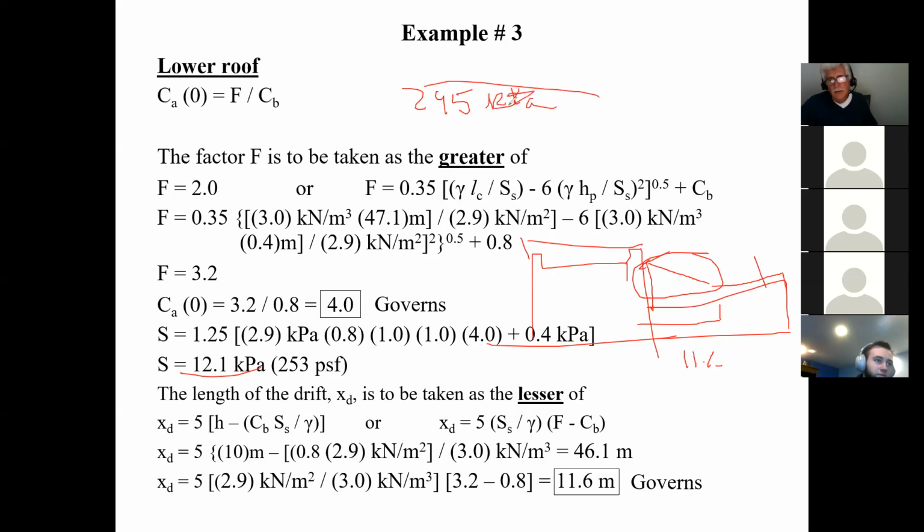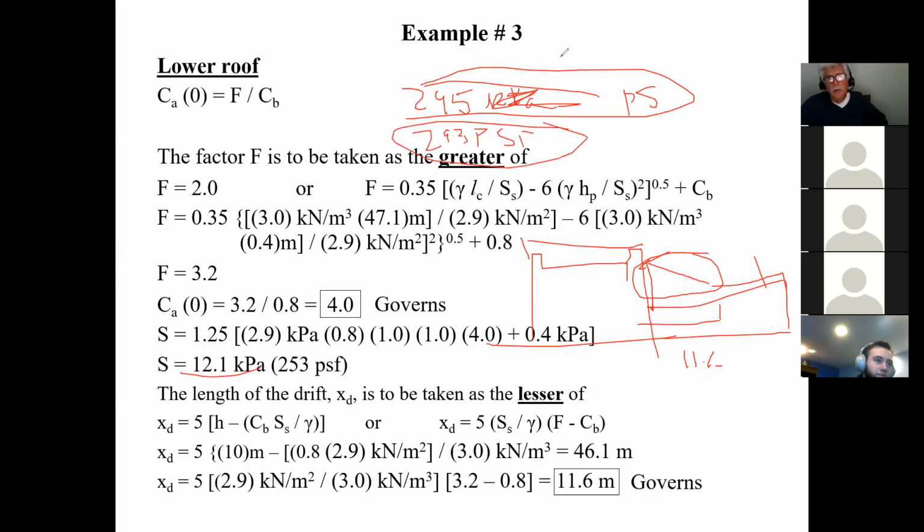Not kPa, sorry, that is impossible. PSF, okay? That's what I got from this equation. And when they went to measure the snow load on the roof after it collapsed and did the calculation, the snow load that had accumulated between the upper and lower roof was about 293 PSF. So just to give you an idea, this thing is pretty accurate, okay?